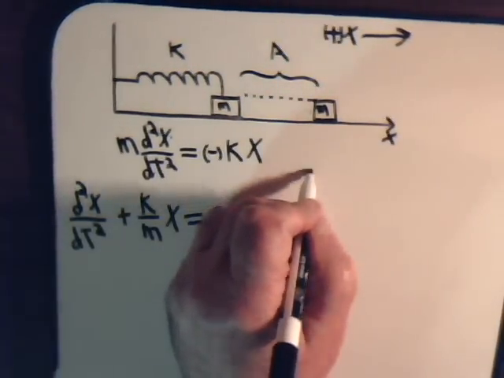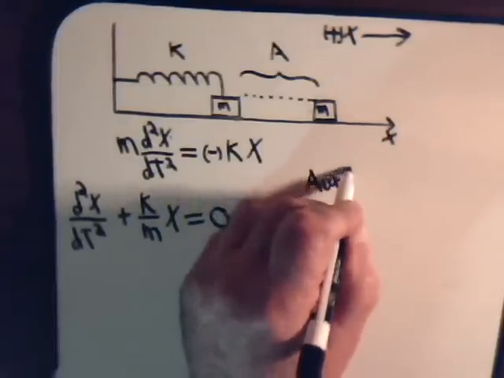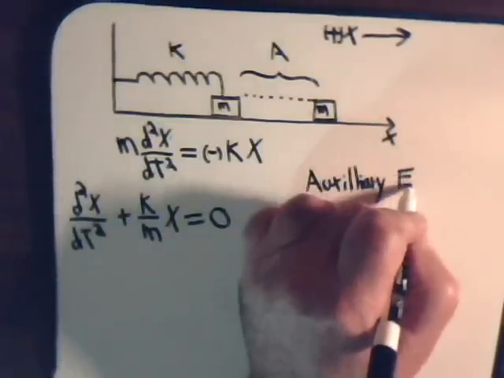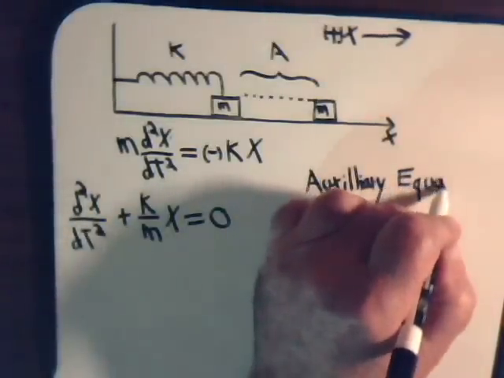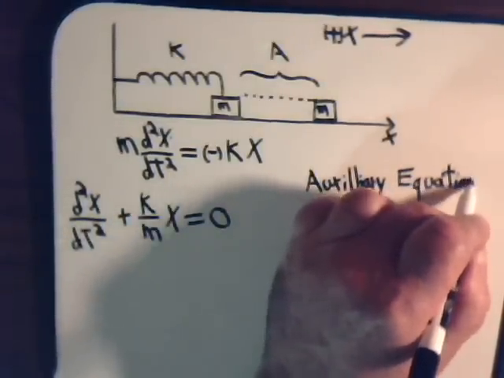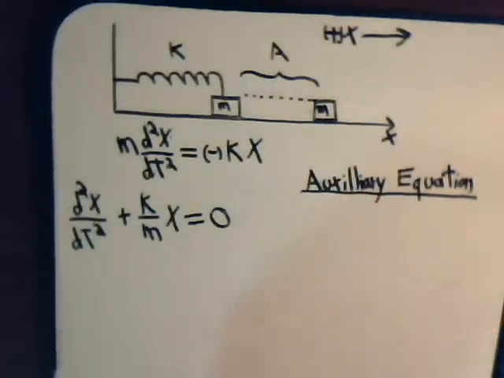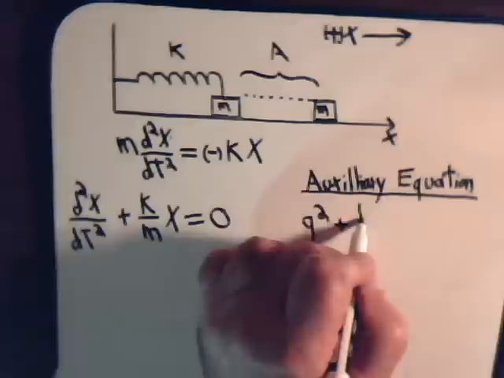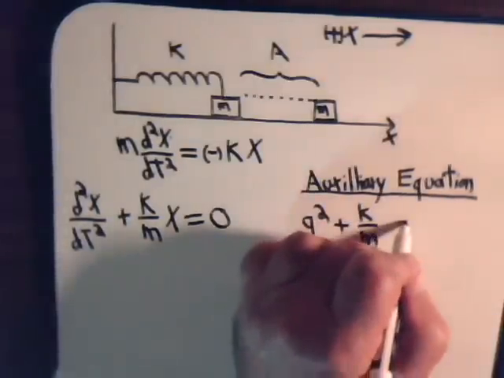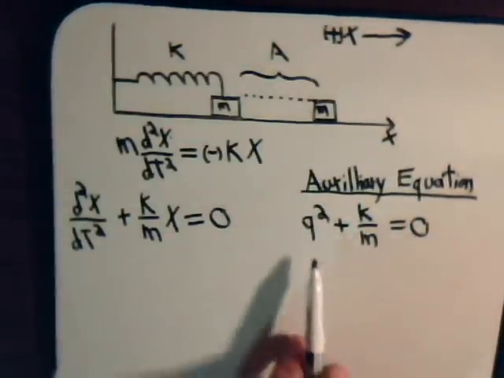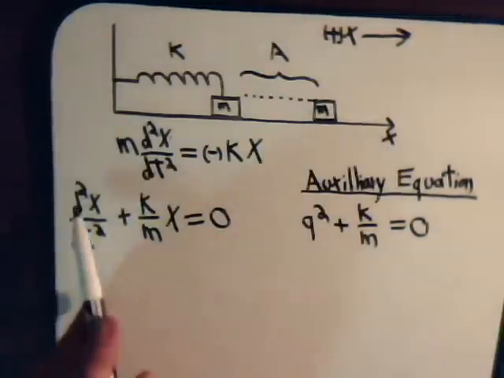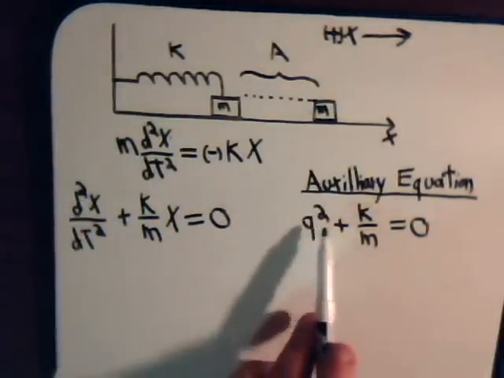Even though it's a very simple equation, we're doing it formally by first writing the auxiliary equation. So we'd have q squared plus k over m equals 0. We have q, and the exponent on q depends upon the derivatives. This is a second order derivative, so that would be q squared.